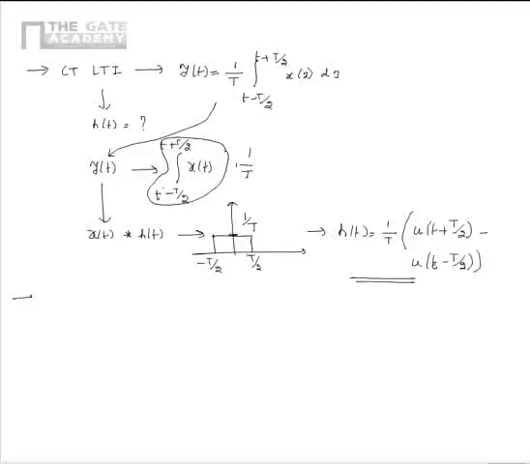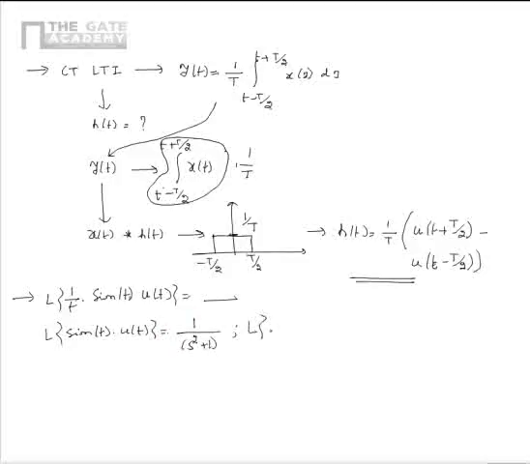Now let us look into another problem as per which we need to find the Laplace transform of 1 by t multiplied by sine of t u of t. We know that the Laplace transform of sine of t multiplied by u of t is equal to 1 by s square plus 1.